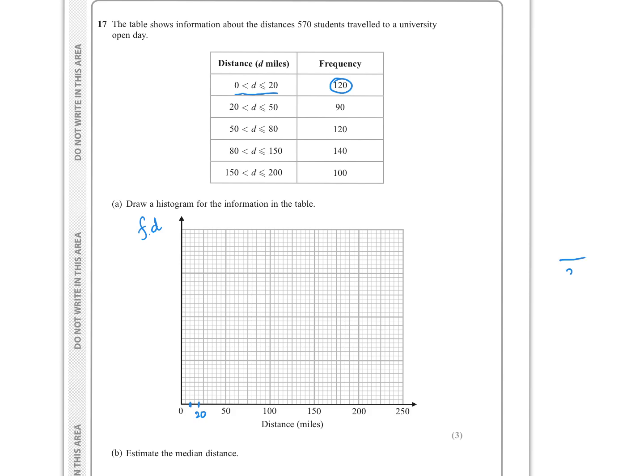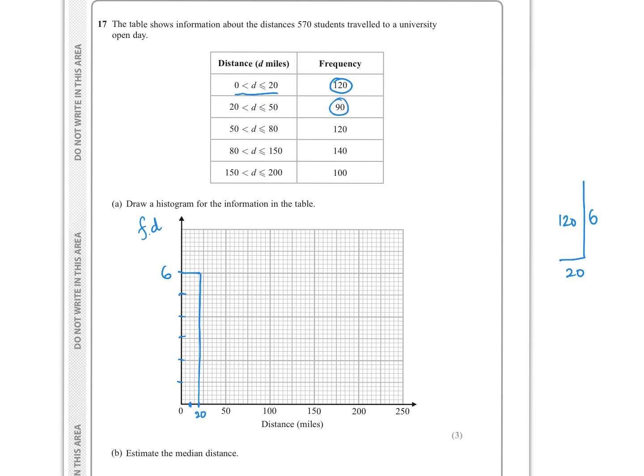So I've got 20 times something gives 120. Well, that's going to be 6. So I'm going to go 1, 2, 3, 4, 5, 6, and I'm able then to draw my first part of the histogram. Now I'm doing this freehand, and you're obviously going to use a ruler in the exam, but I'm just going to give you a rough idea.